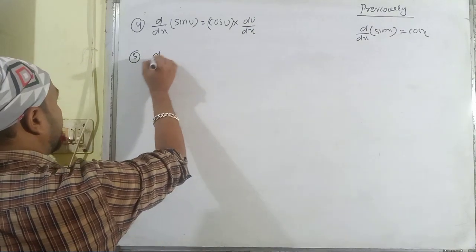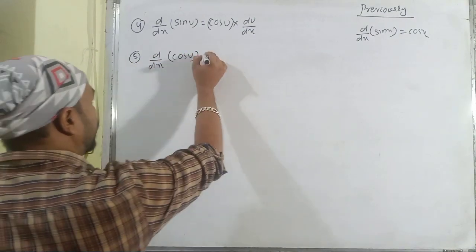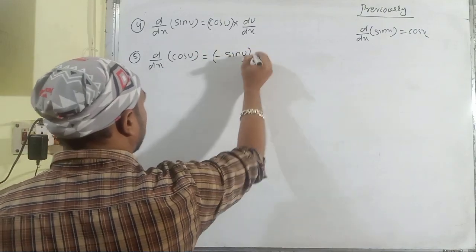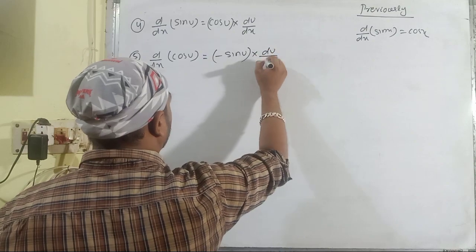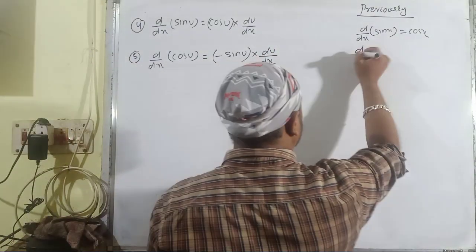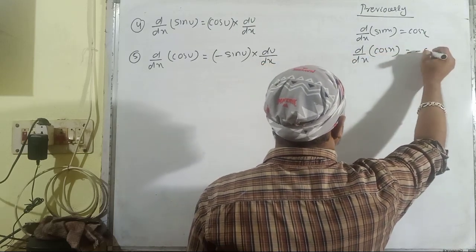Then number 5, differentiation of cos u is minus sin u multiplied with differentiation of u with respect to x. Previously we know that differentiation of cos x with respect to x is minus sin x.